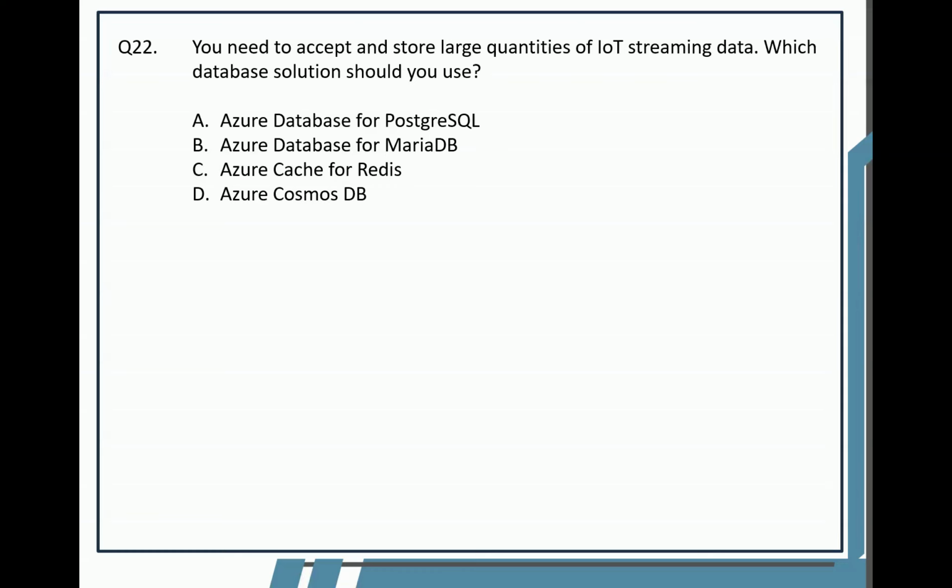Now, folks, Azure Database for PostgreSQL is a relational database and best suited for transactional workloads, which is also called OLTP. So let's rule it out. Azure Database for MariaDB is also a relational database and has similar limitations as PostgreSQL for streaming IoT workloads. So another incorrect choice. Azure Cache for Redis is an in-memory cache and not intended for durable data storage.